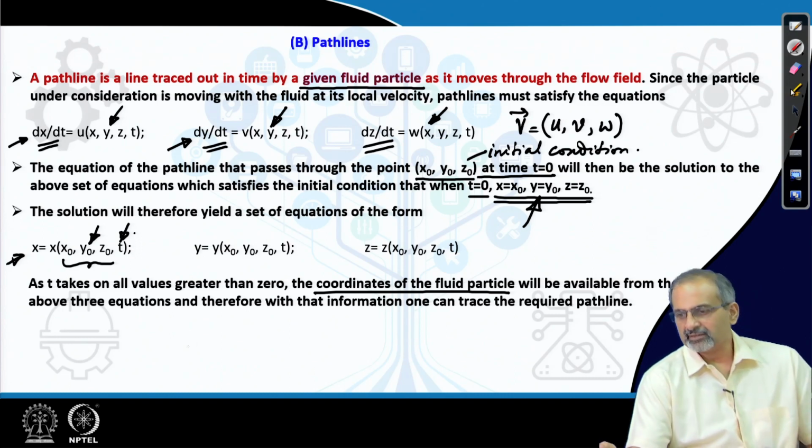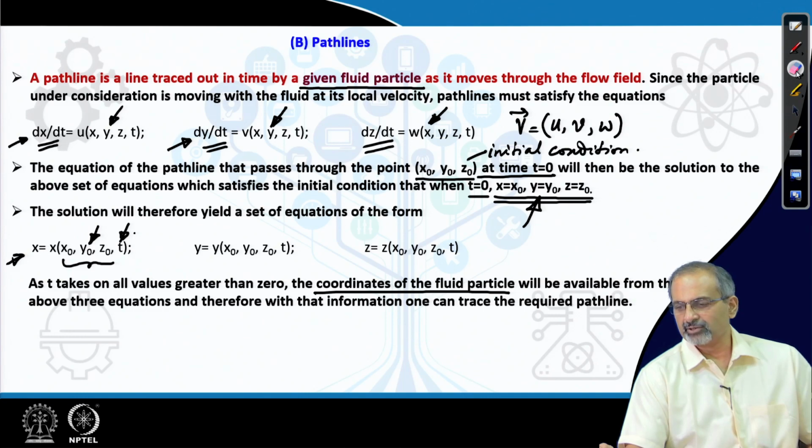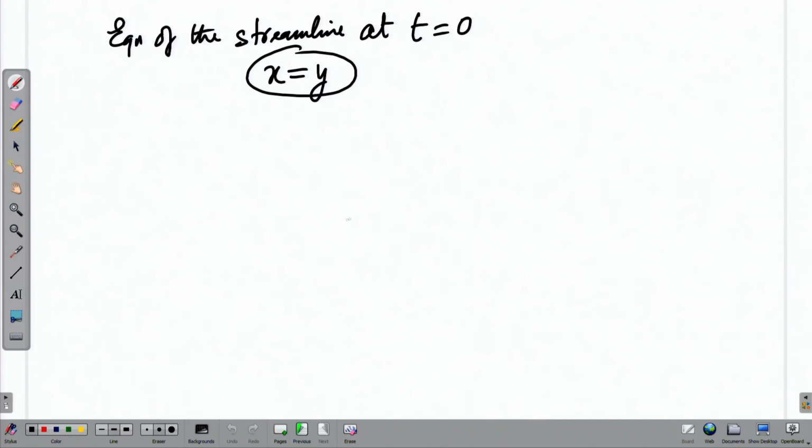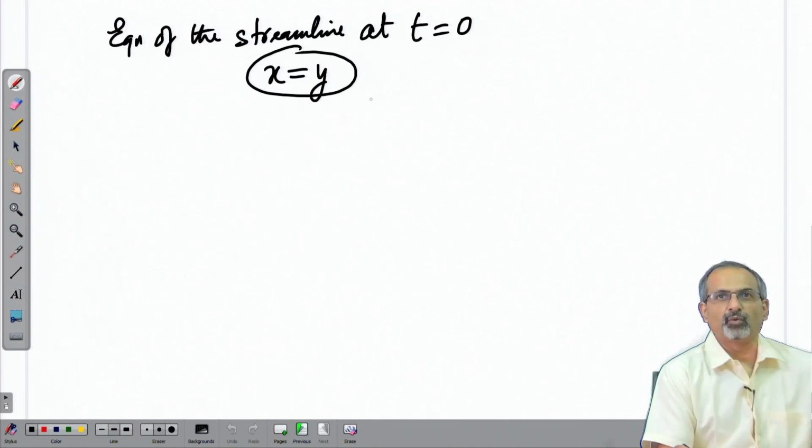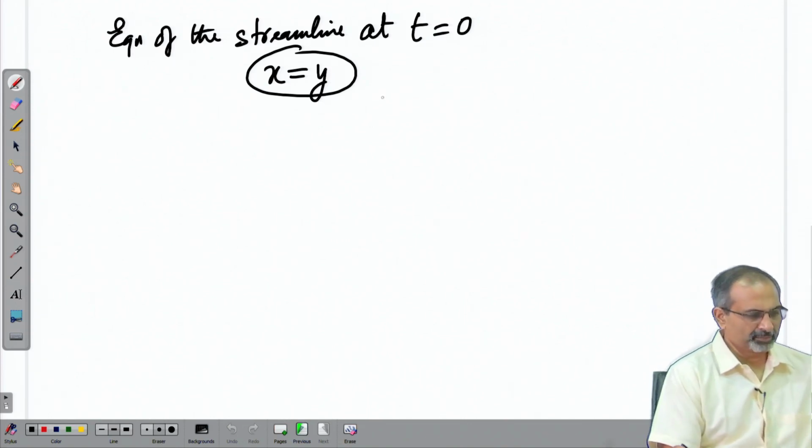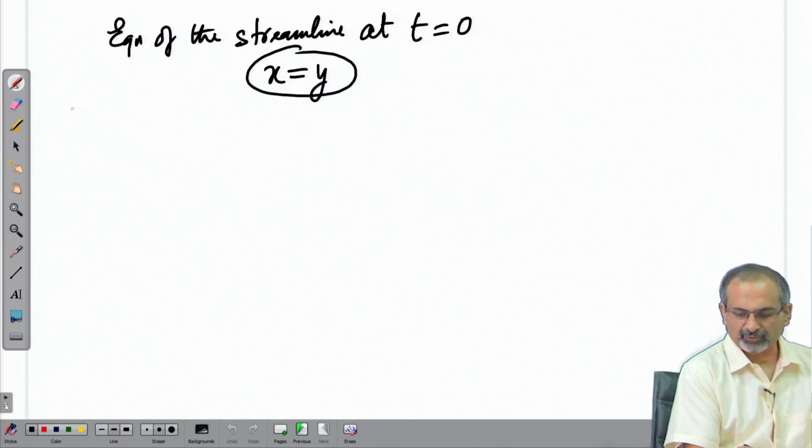So, keeping this concept in mind, let us try to go back to that problem. We remember the last time the equation of the streamline at t equal to 0 was given by x equal to y. Now, for the path line, let us see how we take it forward.